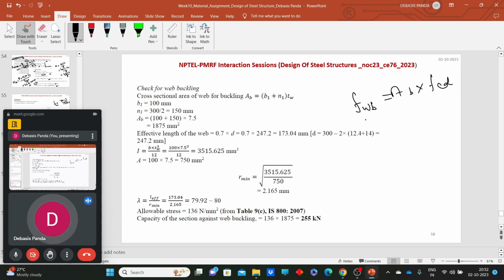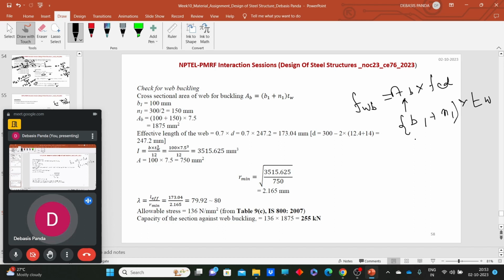How can we calculate the value of Ab, the area? The Ab value is calculated as b1, the bearing length, plus n1, that is the distance from top to neutral axis, multiplied by tw.